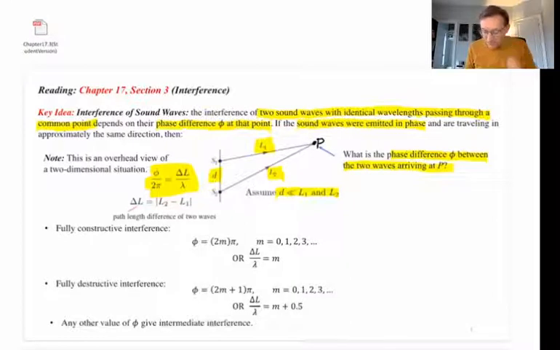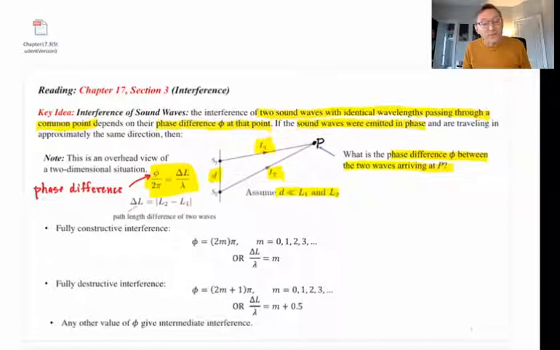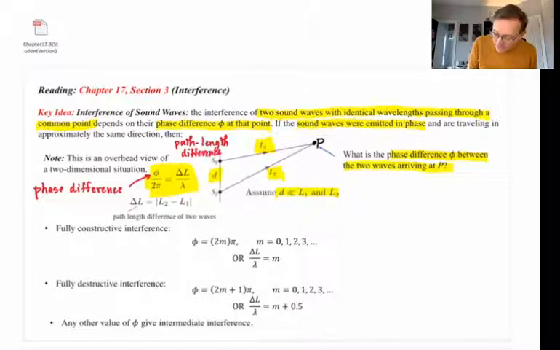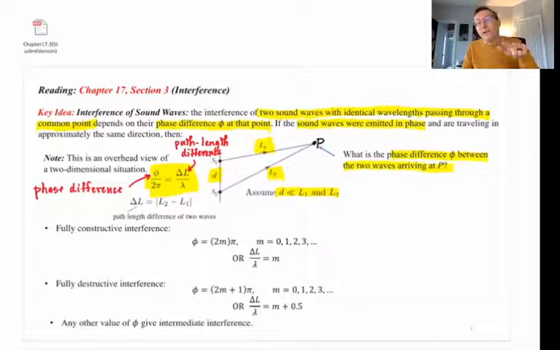It says the phase difference, phi, in radians, divided by 2 pi radians, so phi over 2 pi is dimensionless, is equal to the path length difference, delta L, in SI in meters, divided by the wavelength in meters.